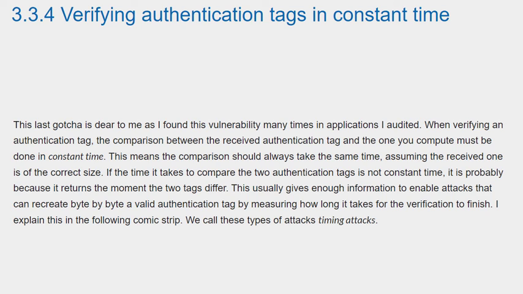This usually gives enough information to enable attacks that can recreate byte by byte a valid authentication tag by measuring how long it takes for the verification to finish. I explain this in the following comic strip. We call these types of attacks timing attacks.